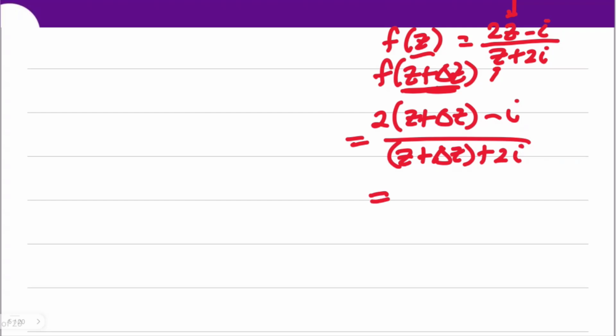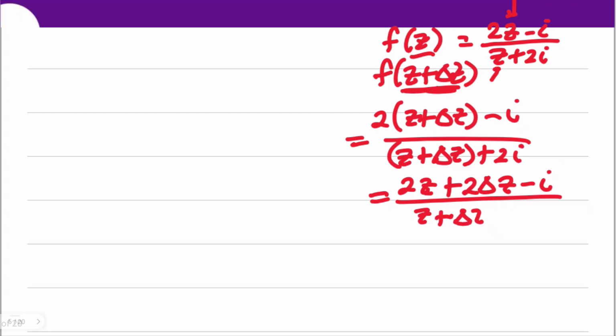Simplifying that, you will have 2z, as distributing that 2, plus 2 delta z minus i, and our denominator is z plus delta z plus 2i. Of course, we cannot cancel any term here from the numerator and denominator, so this would stand to this expression.